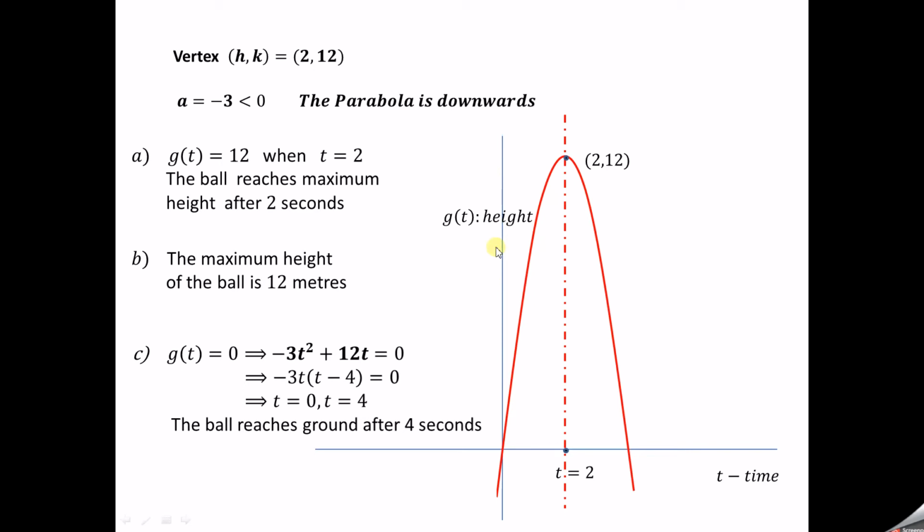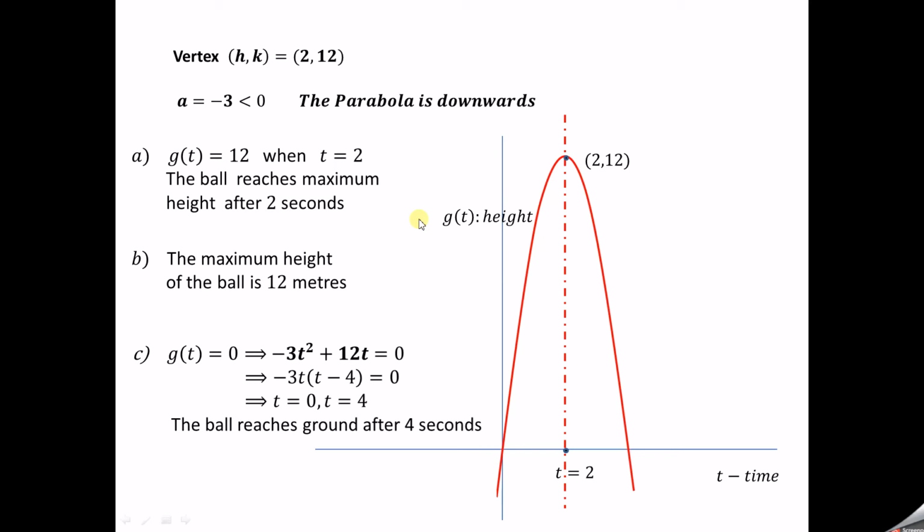Now we have seen the parabola's vertex is (h, k). H is 2, so this is the point (2, 12), when t is 2 and g(t) is 12. This is the vertex, and since a is negative, minus 3, the parabola is downwards.